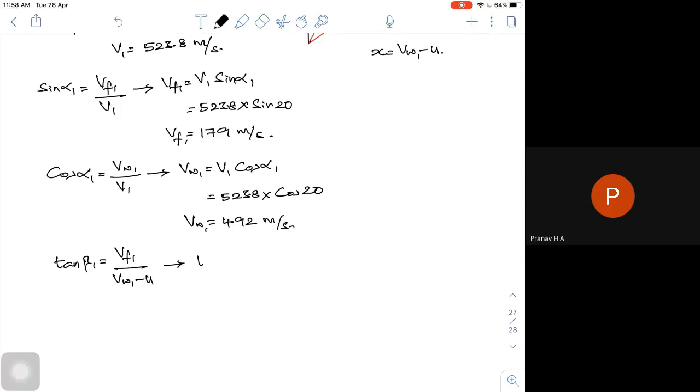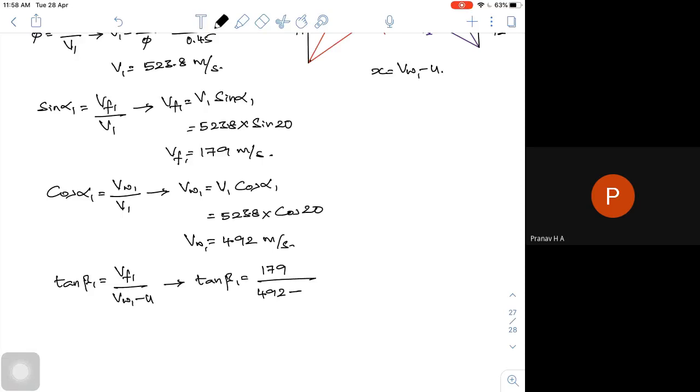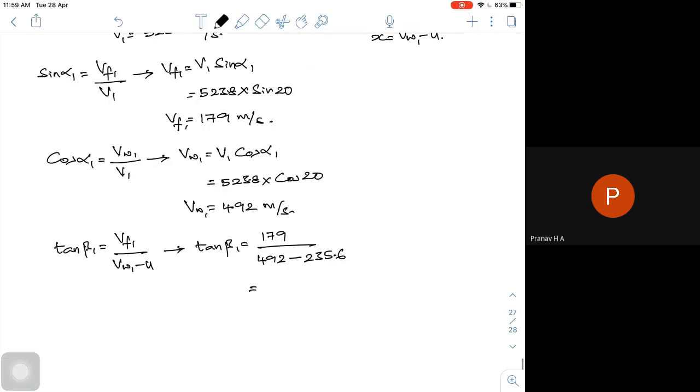So tan beta 1 is equal to, what is my Vf1? It is 179. What is my Vw1? It is 492. What is my u? Just now we found out u is equal to 235.6. If I substitute everything and take the tan inverse of it, it comes to around 34.97 degrees, or I can round it off to 35 degrees.